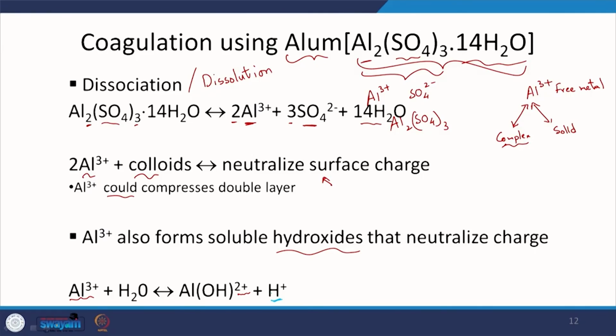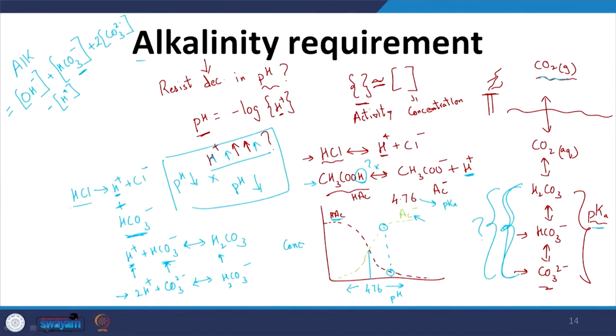So without bases to neutralize or take up this H plus, what will happen? The H plus will add to the H plus already there. It will increase the H plus, decrease the pH, which you do not want. It will affect our engineering aspects, as in the pipes and such, and also affect life. So you do not want that. In general, you want to maintain sufficient alkalinity. That is the background.